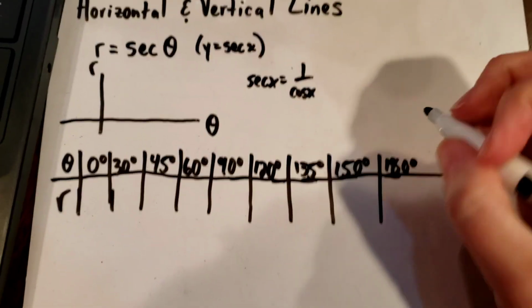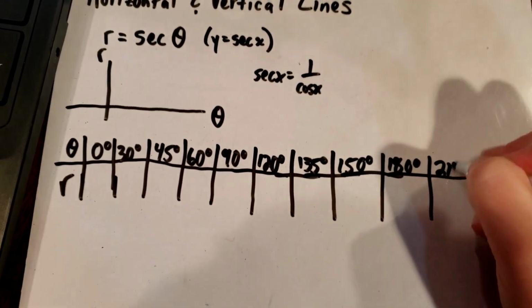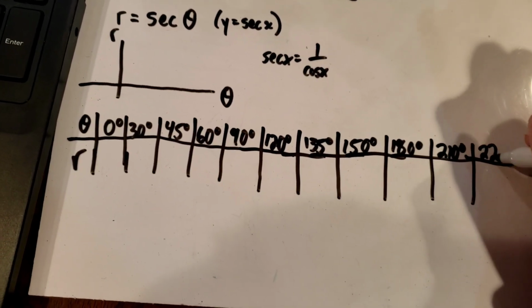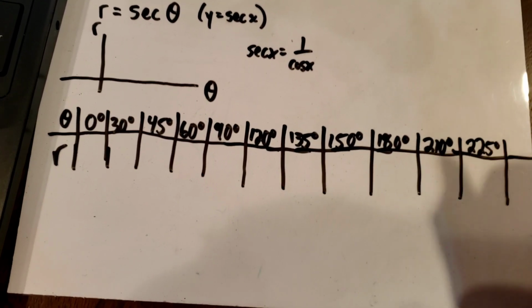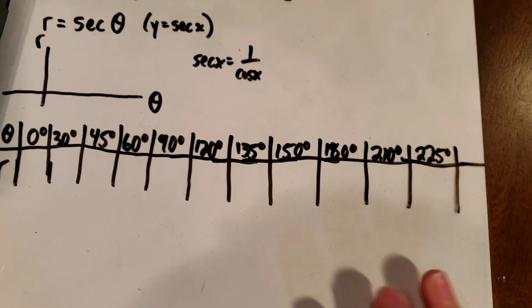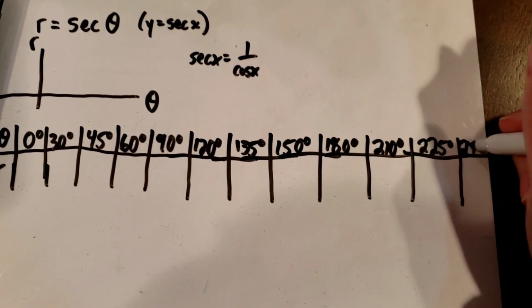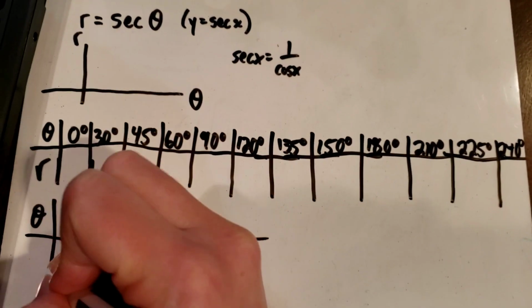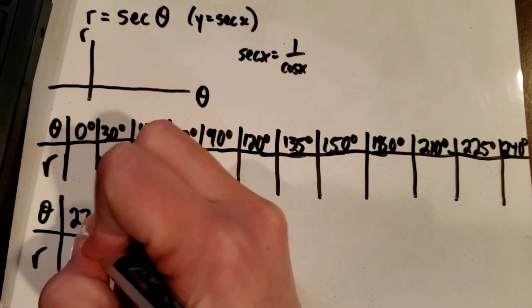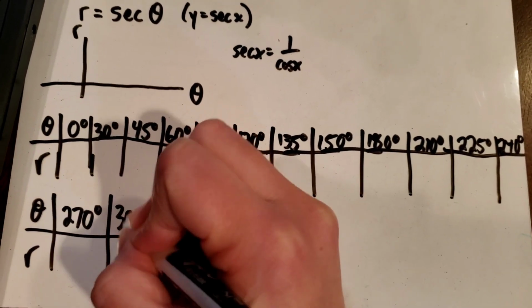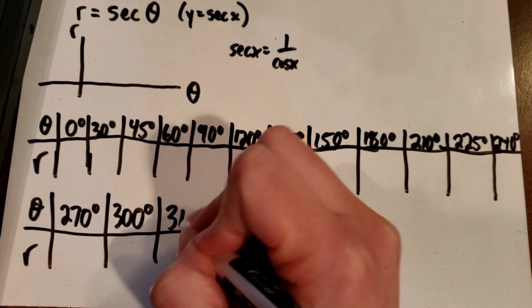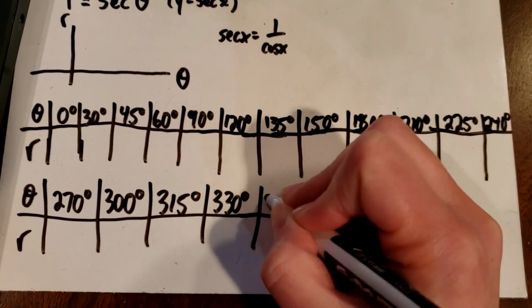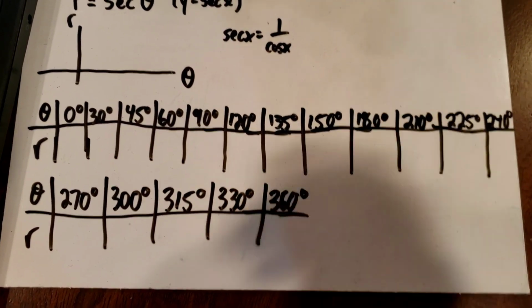We're going to keep going. 210 degrees, 225 degrees, 240 degrees, 270 degrees, 300 degrees, 315 degrees, 330 degrees, and 360 degrees.